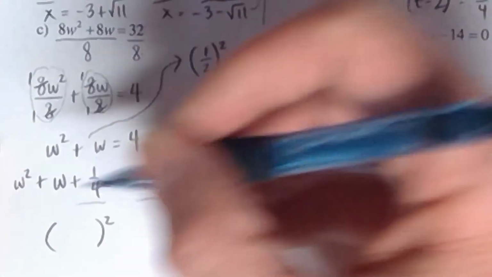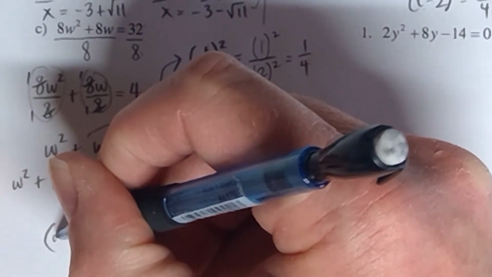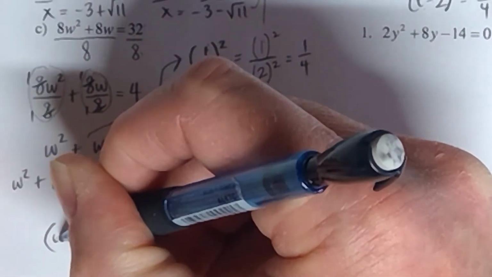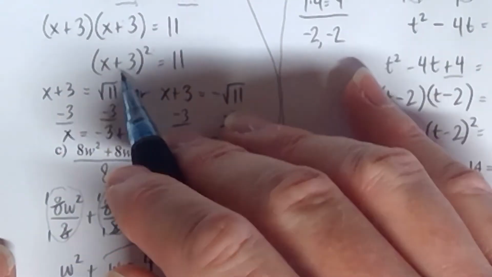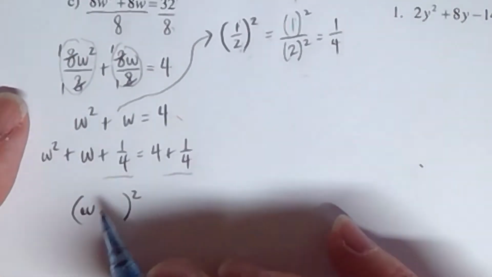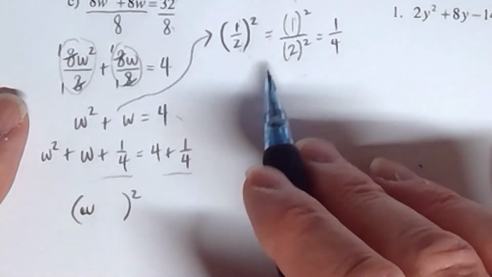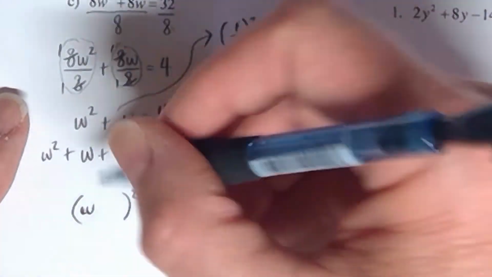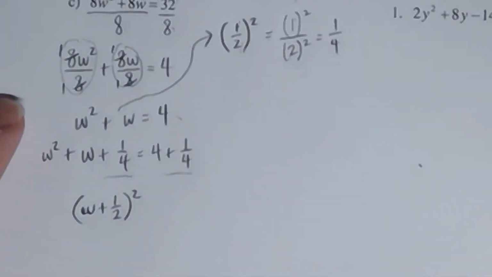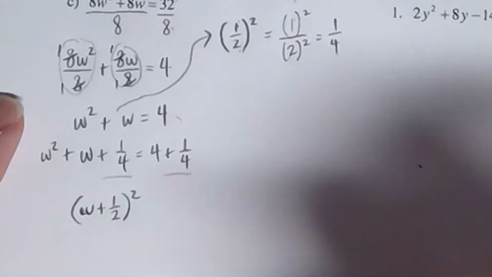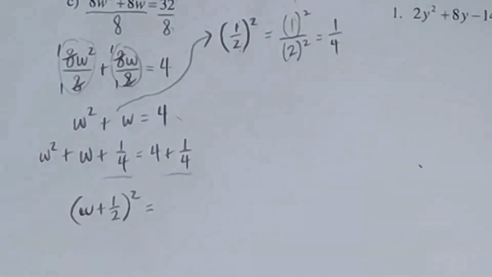And so because it's positive 1/2, what you do is you bring down the variable, just w, not 2w or 3w, but just w, just like up here I just brought down x, just w. And then since it's positive 1/2 that you squared, we're going to say plus 1/2. So that's how it works.